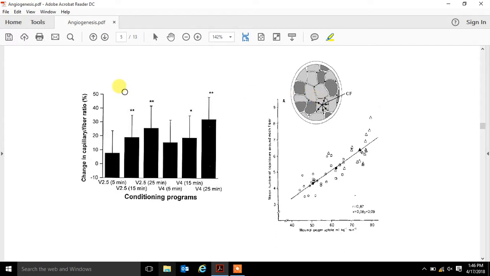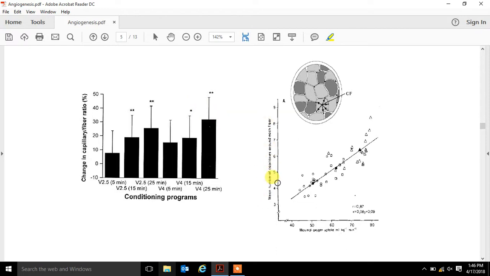We can report this as a percent or some sort of ratio. Looking at conditioning programs in animals, here are low velocities at 2.5 or 5 minutes, 15, 25 minutes, or a high velocity at 5, 15, and 25 minutes. We can see this pattern: if you exercise longer, you're going to get an increase in capillary to fiber ratio, and if you exercise at a greater velocity, you're going to get an increase in capillary to fiber ratio.